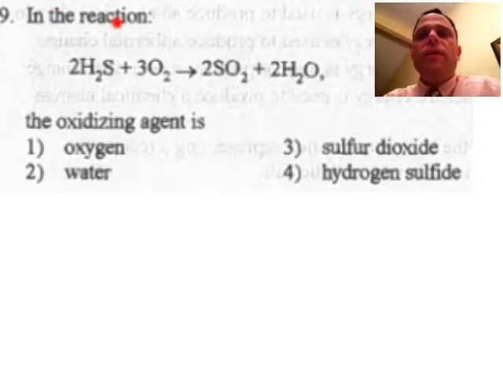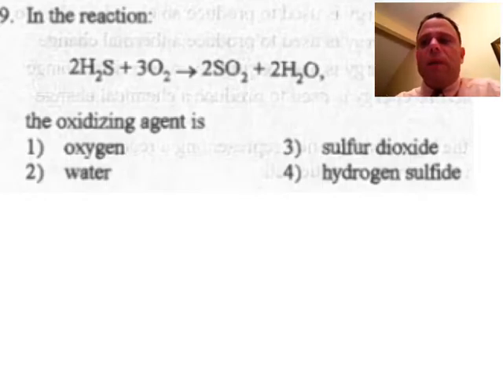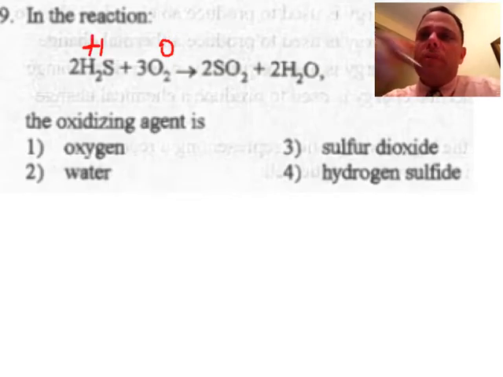Question number 9. In this reaction, we are looking for the oxidizing agent. Oxidizing agent. That must be a substance on the reactant side that is able to oxidize the other. So if it's able to oxidize the other substance, it must be willing to take its electrons. It must be the substance that is being reduced. Well, let's start assigning these. Here we have oxygen, that's a 0. Here we have hydrogen, it has to be a +1. And if that hydrogen is a +1, the sulfur is a -2.